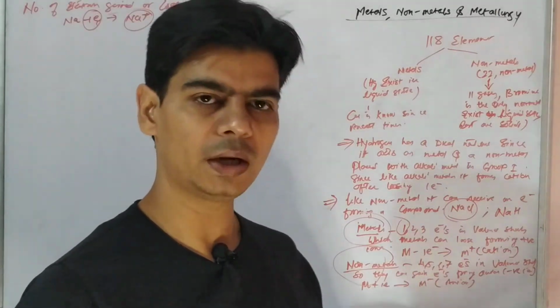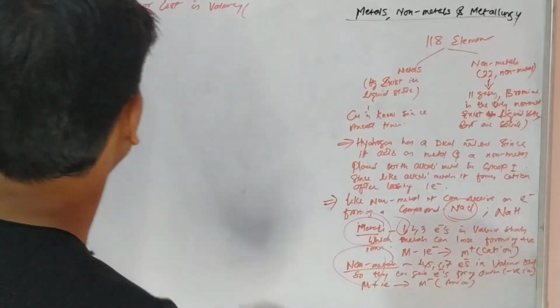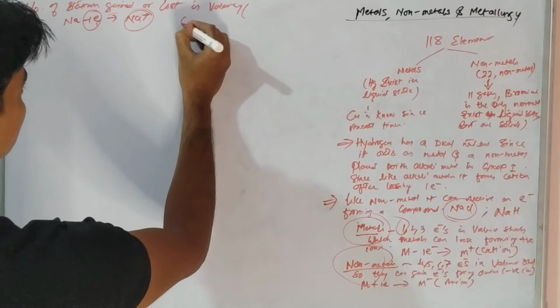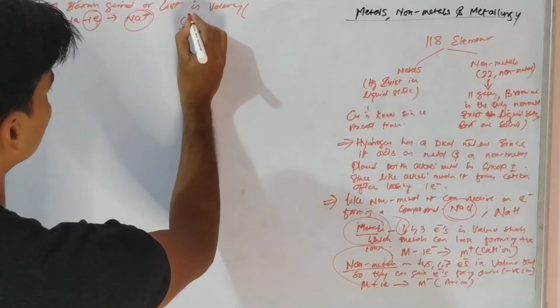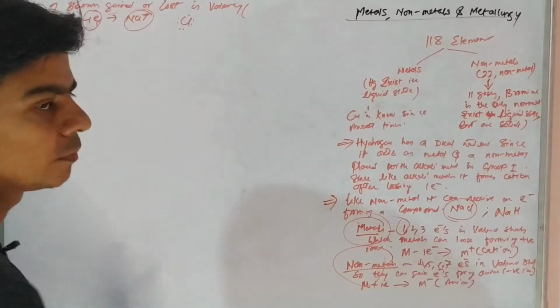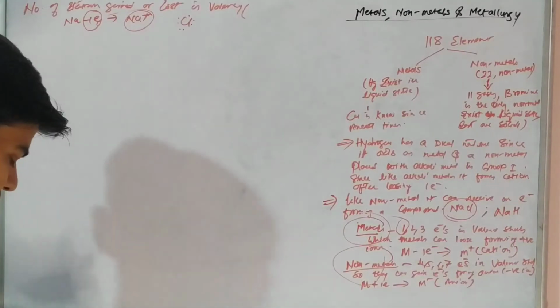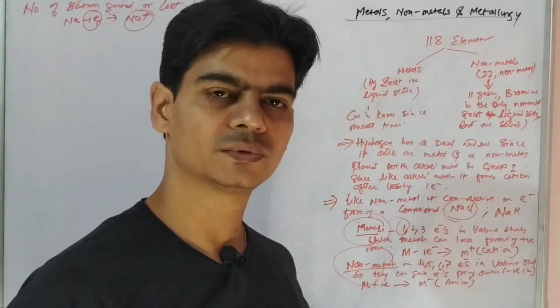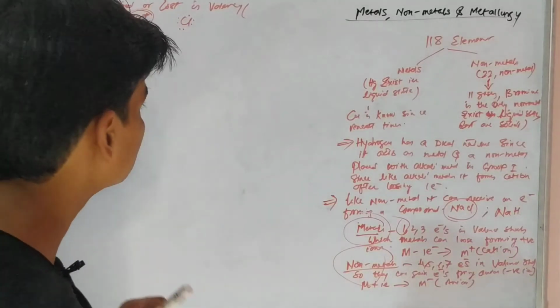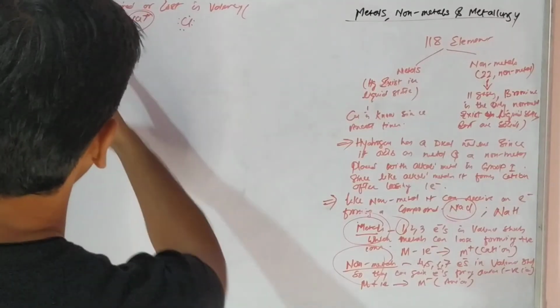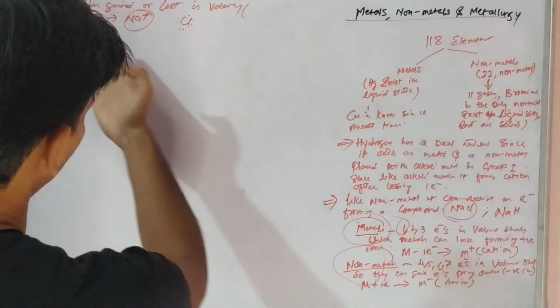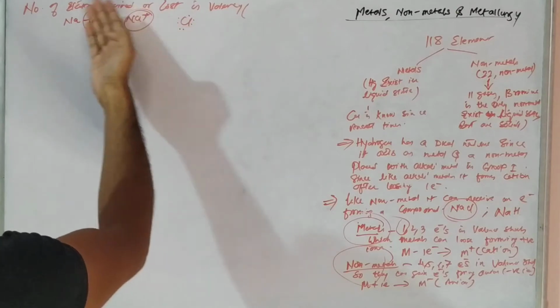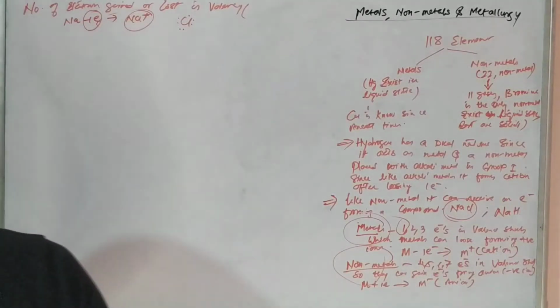So it will combine with one atom of a non-metal. This electron can be gained by chlorine, right? So one atom of chlorine will combine with one atom of sodium to form sodium chloride. So we say the combining capacity of sodium is 1. It's combining with one atom of chlorine, which is its valency. So valency is the combining capacity of an element, and it is also the number of electrons gained or lost. The number of electrons gained by chlorine is 1, lost by sodium is 1, and the valency is 1.